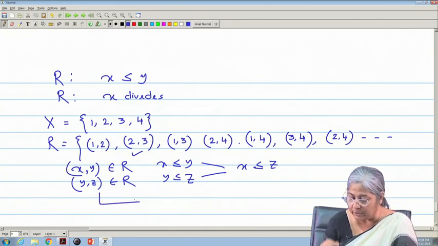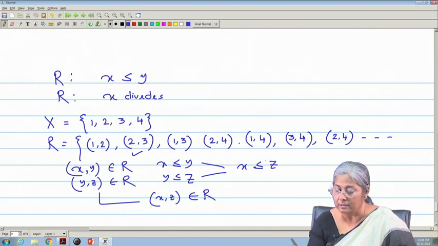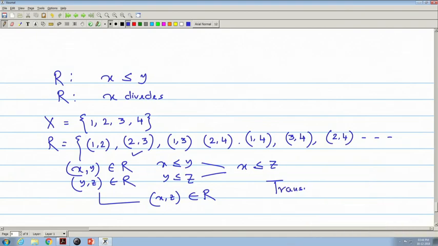So, we can always say that (x, z) must belong to R. So, this is a transitive relation.